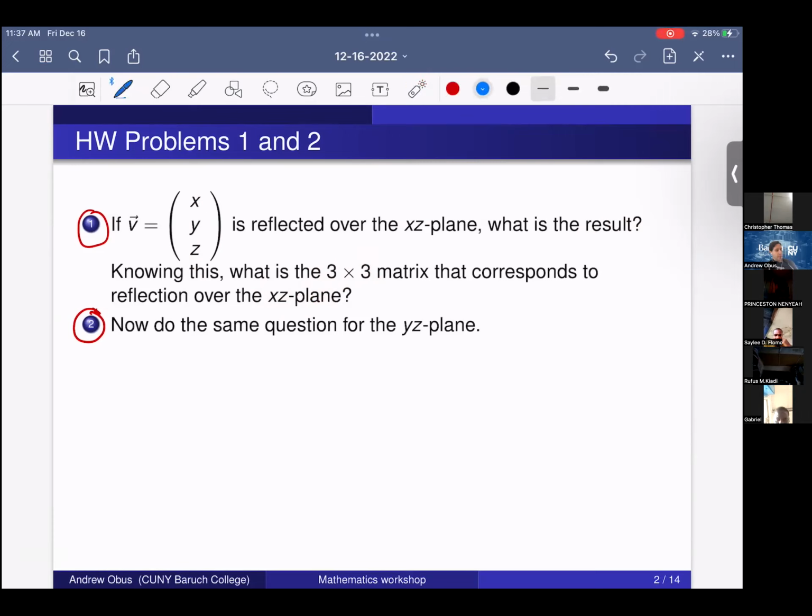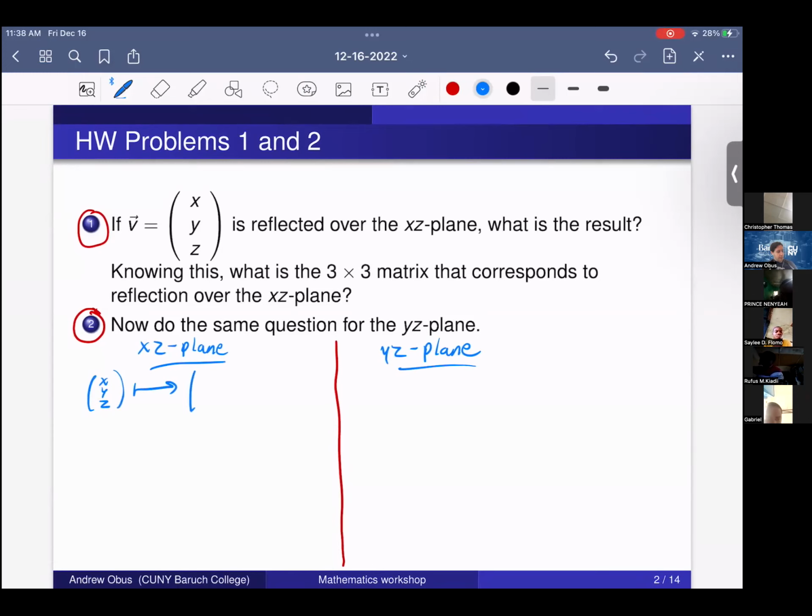Part 2 is the same question for the YZ plane. We did this example for the XY plane at the end of class last week. So for the XZ plane, if I start with the vector XYZ and reflect it over the XZ plane, what's the new vector that I get?